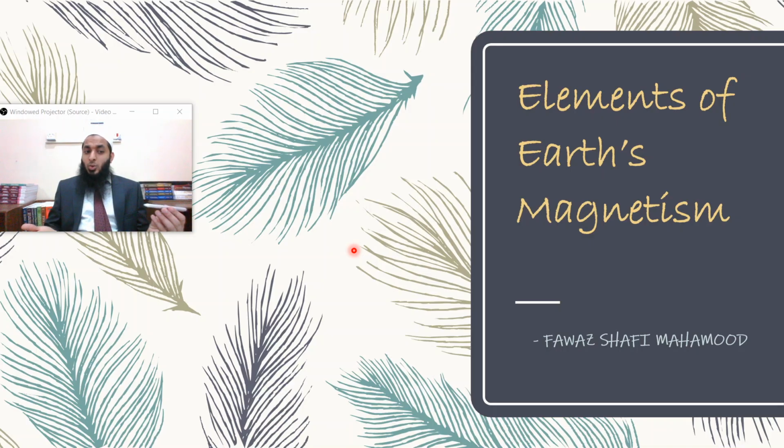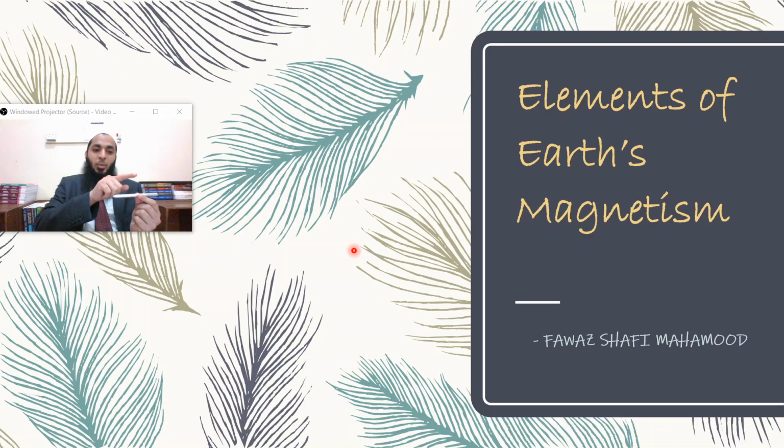Why are you telling this to make us understand the Earth's magnetism? The thing is, if you bring a compass near this bar magnet, it will deflect at every point, right? The deflection of the compass tells us the direction of the magnetic field.